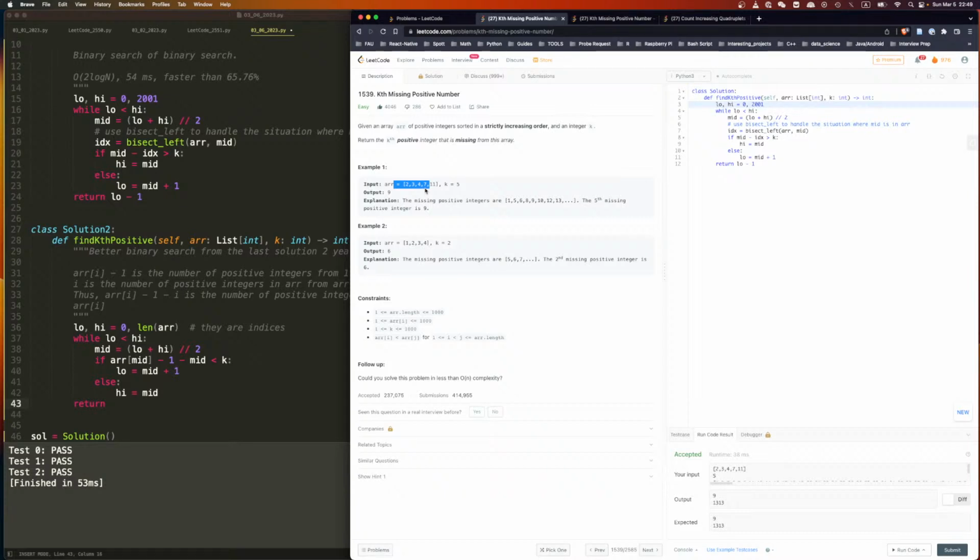If we know at a certain position it's equal to, which means we have that many positive integers missing, right? That many positive integers missing. And we have 4 integers that already exist. I have 5 integers missing. I have 4 integers exist. Why do you do 4 plus 5?